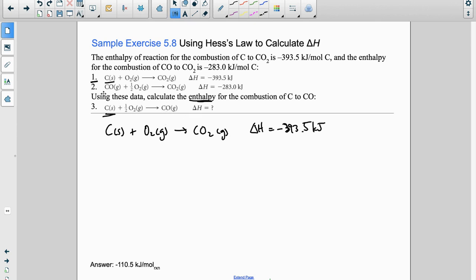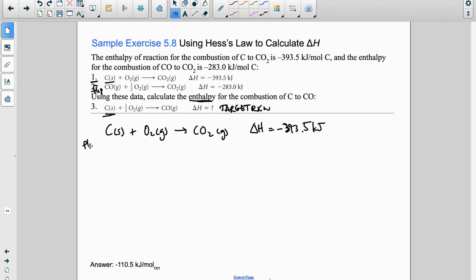So I look at the second reaction because I've already used the first. And I look at that second reaction and see, CO is a reactant here, but in my target equation, think of this as your target reaction, I need to get my carbon monoxide onto the product side. So I'm going to have to flip this reaction.